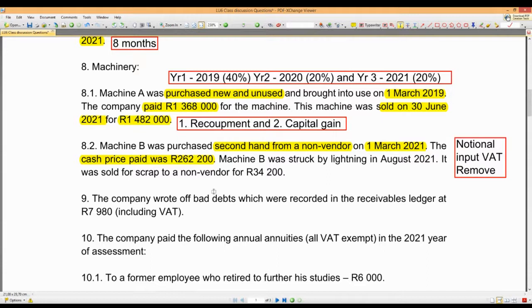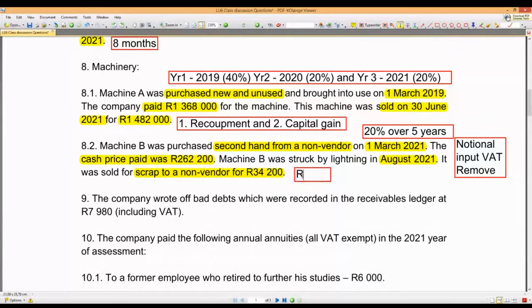So it's from the 1st of March. Now, if it's second hand, we apply the 20% over 5 years. Okay, then they tell you it was struck by lightning in August 2021. And it was scrapped to a non-vendor for 34,200.